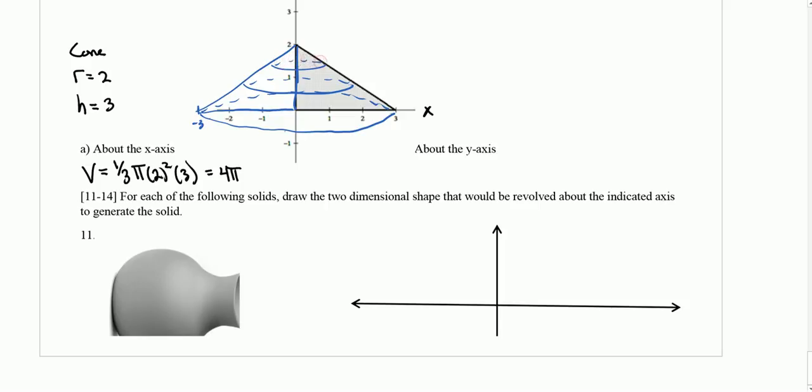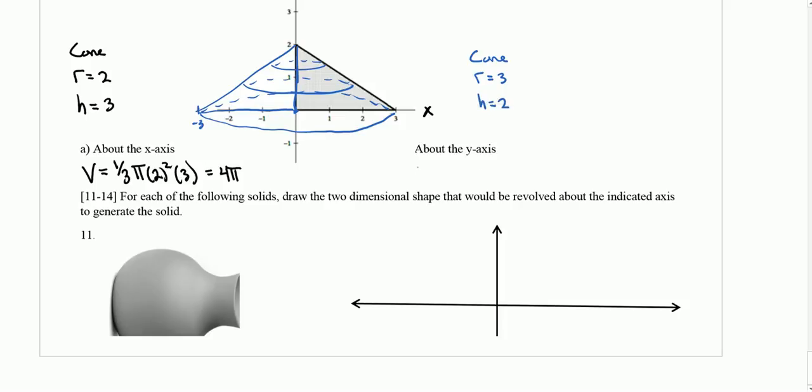And so we get this cone shape again, where if you look at the base, which is a circle, the radius is from the center, 0, 0, to the far right, and so we see it's a cone again with a radius of 3. And the height is from this dead center at 0, 0 all the way to the top, which is at 2. So the height is 2.